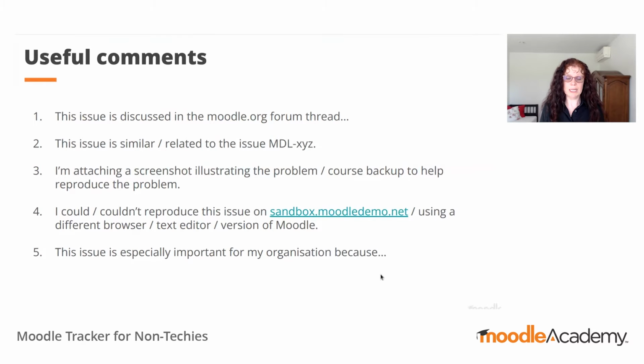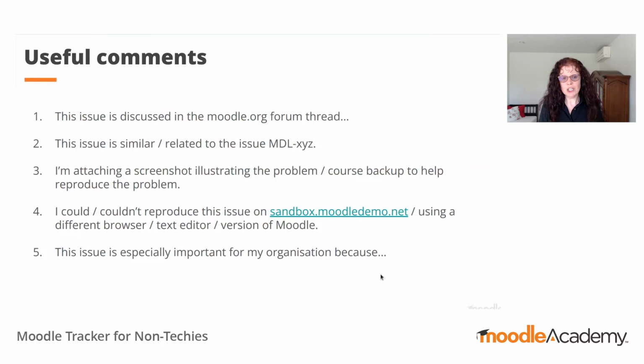If it was to do with a text editor, TinyMCE or Atto, try it with the other text editor to see, or even sometimes bugs affect only a particular version of Moodle. So that's all helpful information.